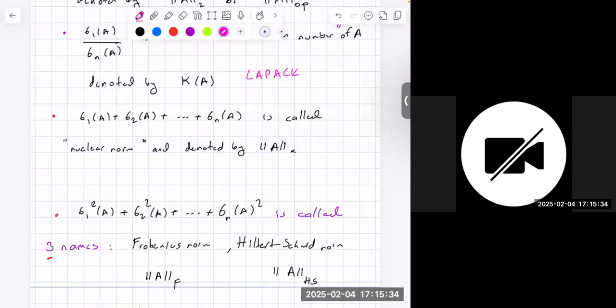Sigma 1 is the biggest singular value. Sigma n is the smallest. If this sigma n is a very small number, that means your matrix can potentially squeeze your vector a lot.